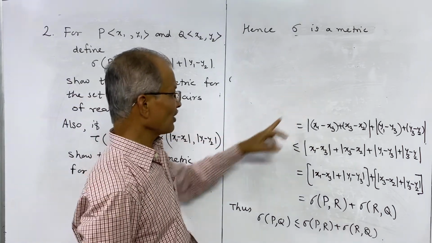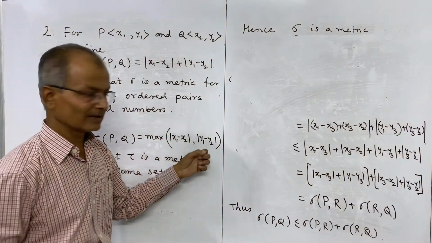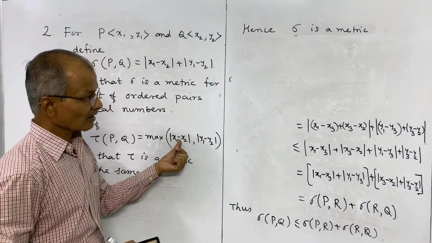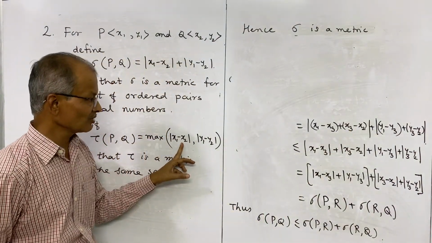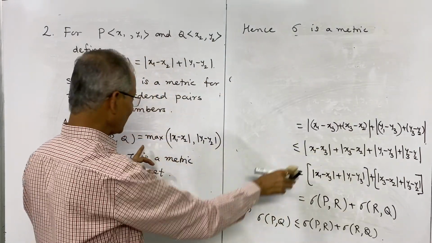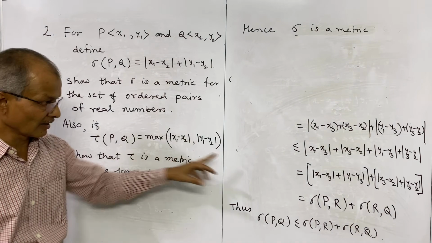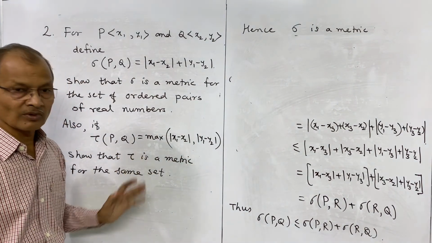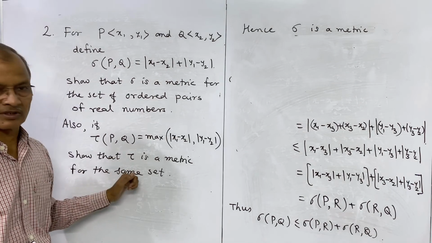For the triangle inequality, introduce another point R having x3 y3 components. Write this as x1 minus x3 plus x3 minus x2, and this also can be written in this form, and then this will be less than or equal to the maximum of that. Only the word maximum will occur here, and this can be proved in a similar way. So please try this part yourself.